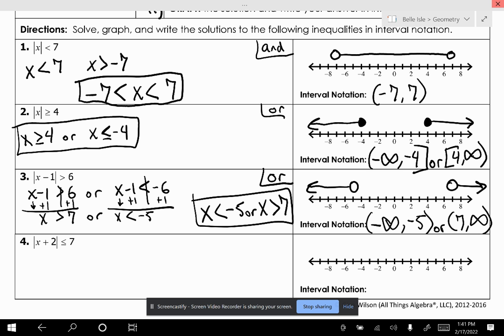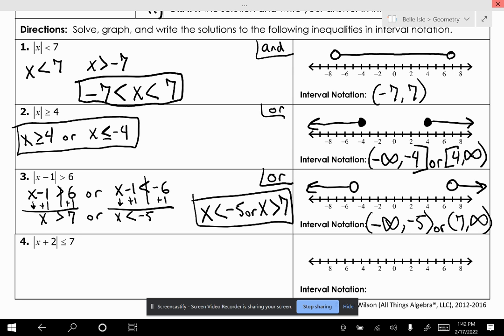So then you go and graph on negative 5 and 7. It is an or problem, so the graph is moving away from each other. Your interval notation should say parentheses negative infinity, comma negative 5, parentheses, or parentheses 7, comma infinity, parentheses.